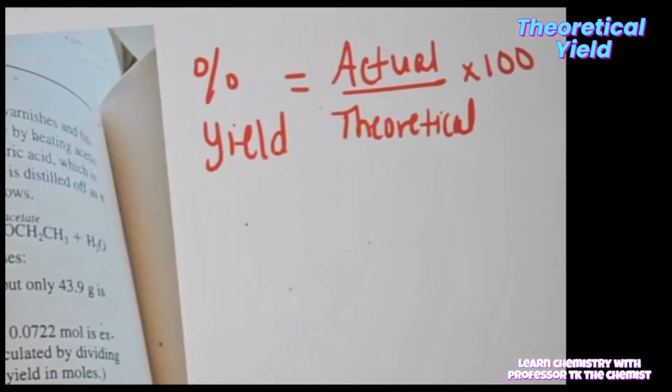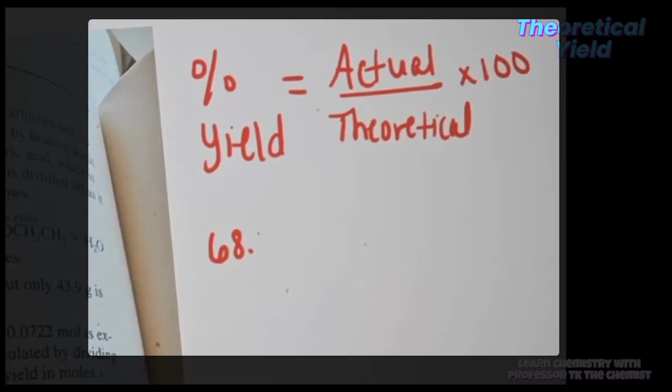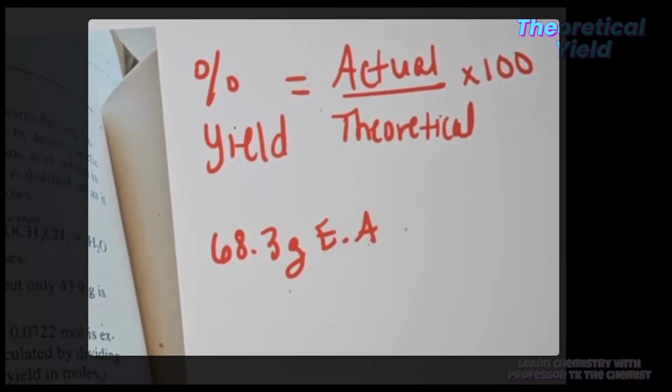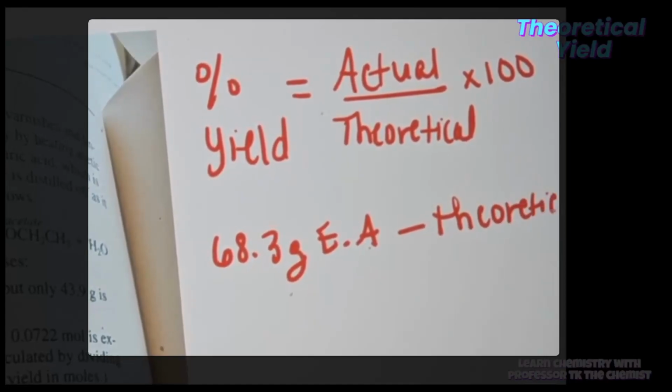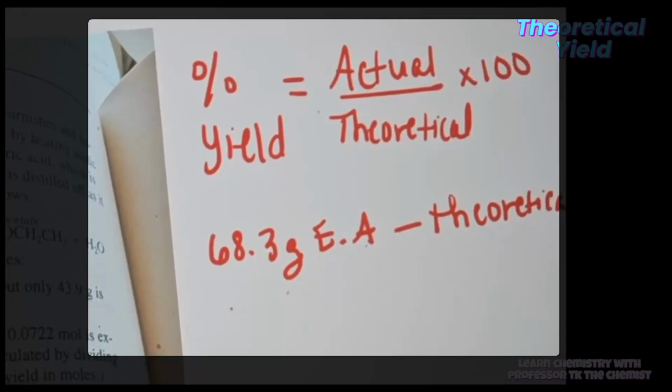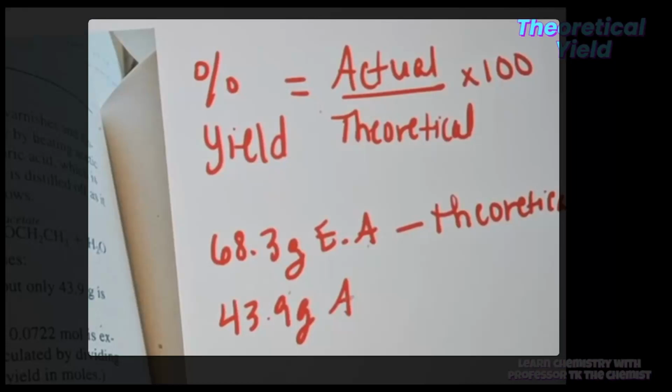So I'm going to write this off to the side over here. 68.3 grams, and I'm just going to abbreviate ethyl acetate as EA. That's your theoretical. And 43.9 grams, that's your actual.